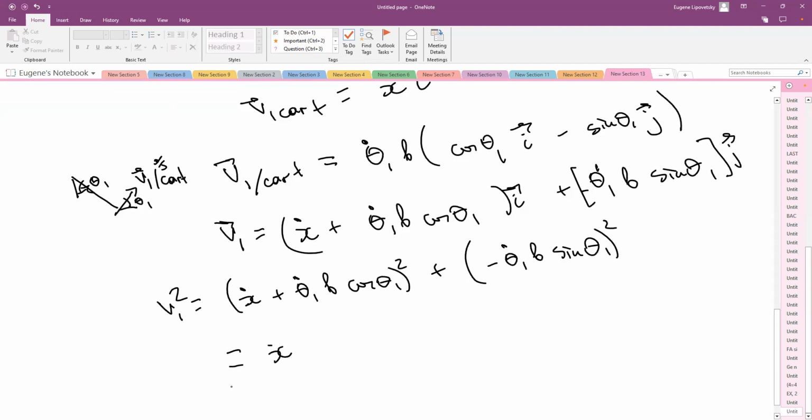This will be x dot squared plus 2 x dot theta 1 dot b cos theta 1, plus theta 1 dot b squared.